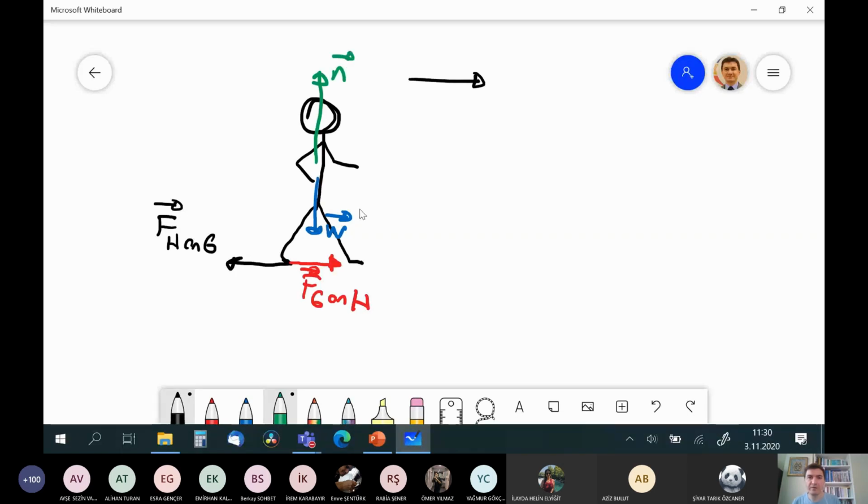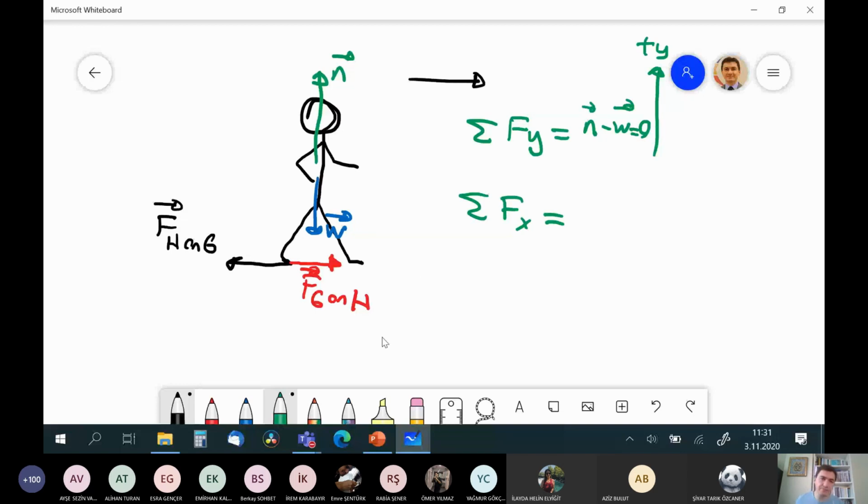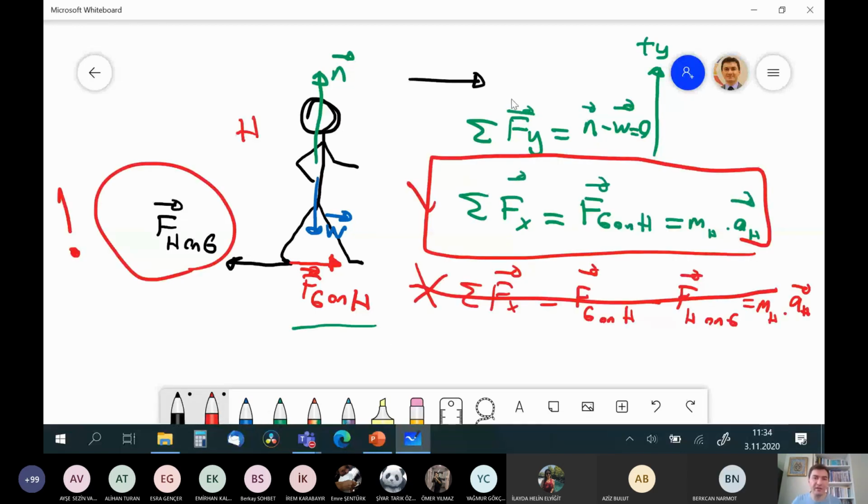Okay, so what about the net force acting on this guy along the y-axis? If you choose positive y as this one, and minus weight, it is 0. Net force along the y-axis is 0. What about the net force acting on this guy along the x-axis? You cannot take this force into account within the net force acting on the human because this force is applied by the human on the ground. Is it clear? Any question here?